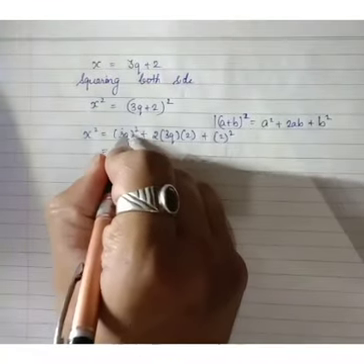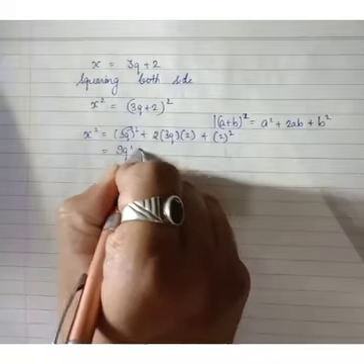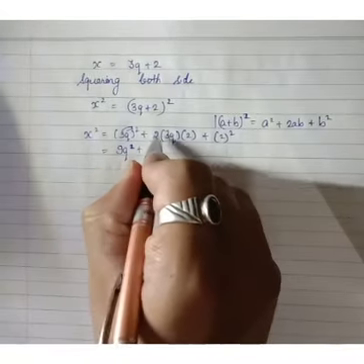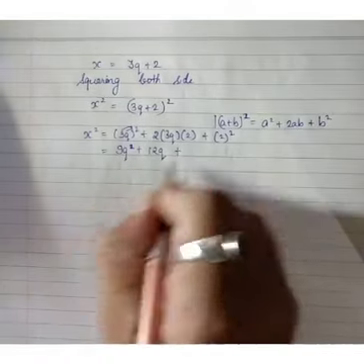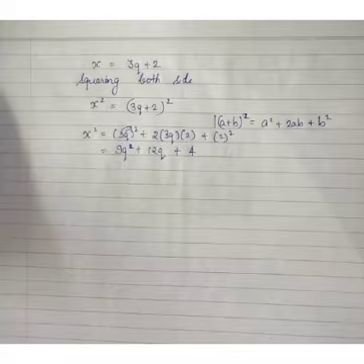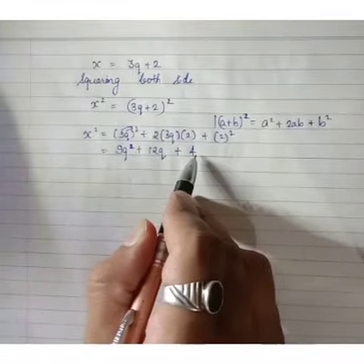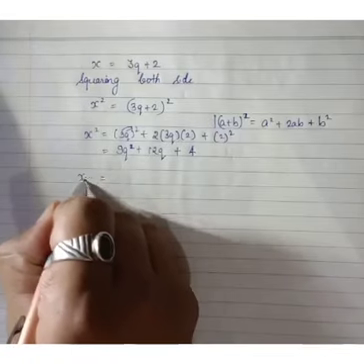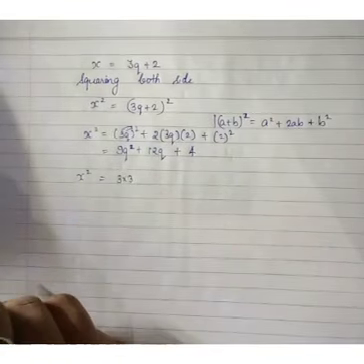So (3q) square, that is 3 square and q square, is 9q square, 2 times 2 times 3 is 12q, plus 2 square, that is 4. Now again I can see, I can write it in factor form: 9 can be written as 3 multiplied by 3, right?